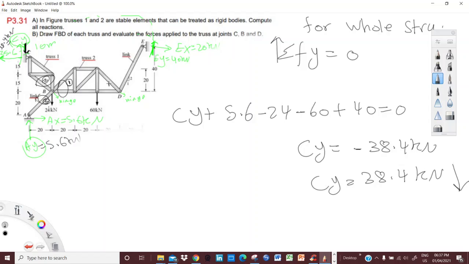But if I split the structure with this and this, let's say this is 1 and this is 2, therefore we can say 1 is equal to 2 since it is statically determinate. But this one we couldn't do at B. And we also have 24 kilonewton. We only put the external force at the hinge one time, either truss 1 or truss 2 or link AB. I put it with truss 2.